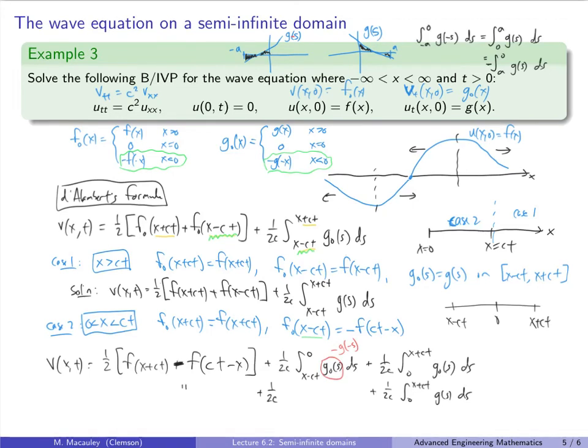Okay, so we got to substitute this g naught for negative g of negative s. So let me do that. I'm going to stick a negative g of negative s ds. But now from this argument up here, I can go from here to here, whereas I can turn the negative s into a positive s.